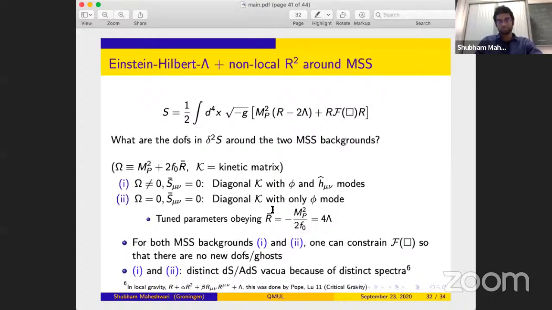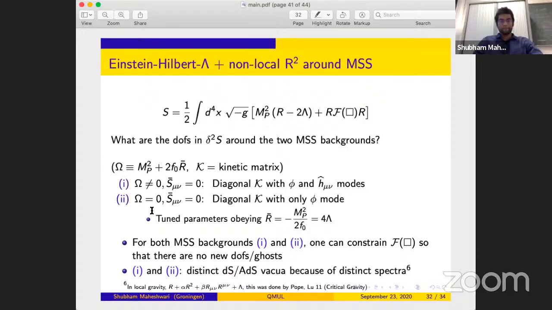And this happens just because the Ricci scalar, which is related to the cosmological constant, is also finely tuned to the first coefficient f0, which is the first coefficient in this power series expansion of f of box. It's exactly because of this tuning of parameters that the tensor mode identically vanishes from the quadratic action.